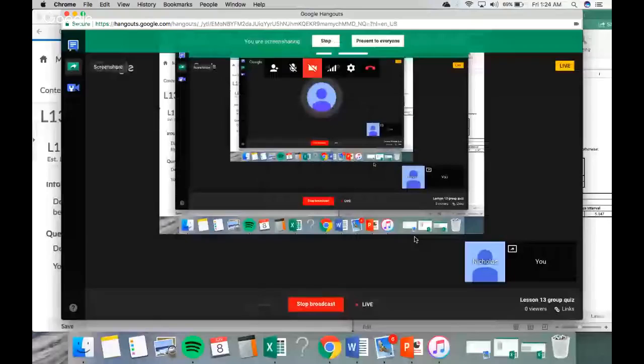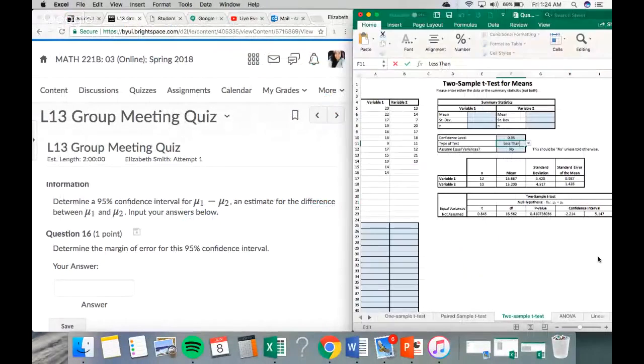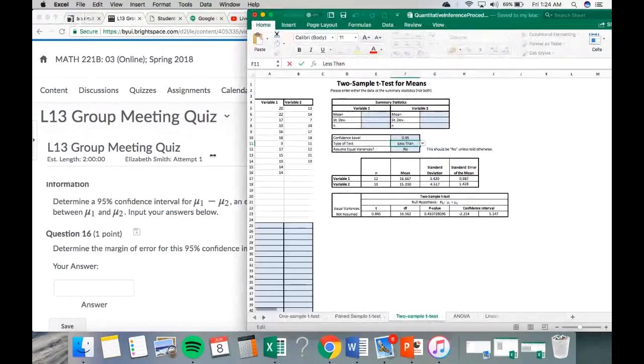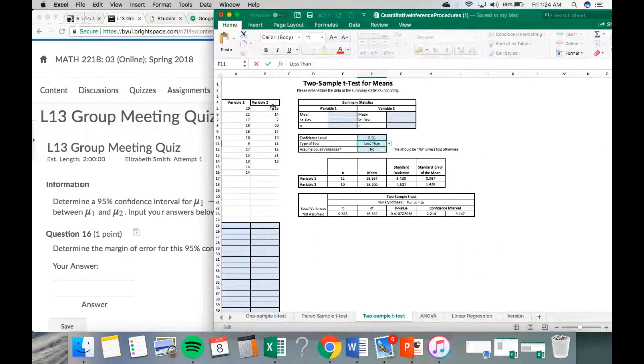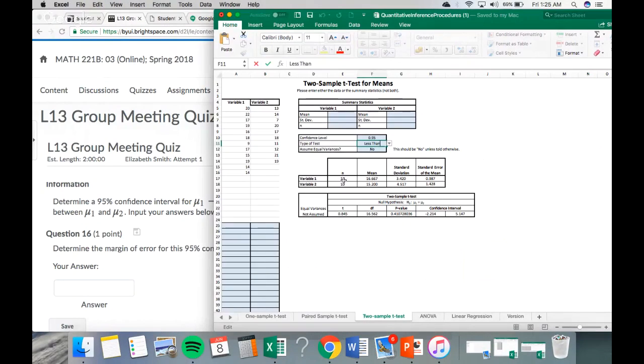Okay, do you see the screen? Yeah. So this is the information that we have right here, and we need to find the degrees of freedom. But this says this minus this, so do we subtract this minus this and get 2?